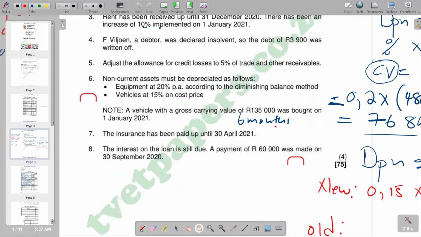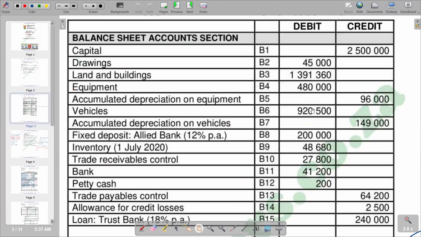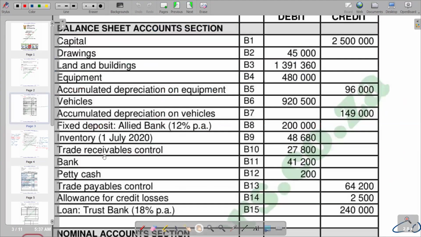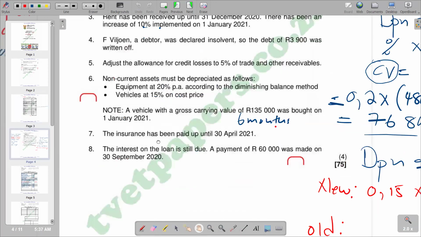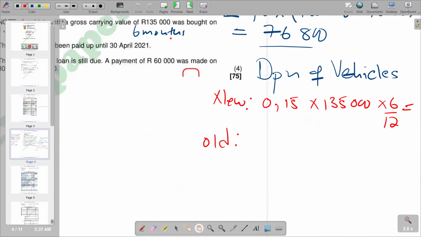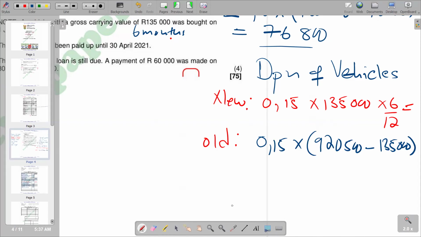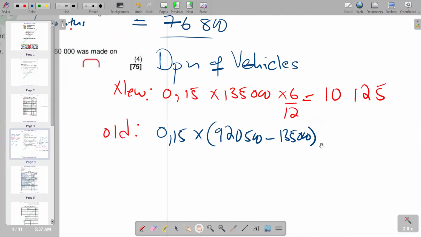So we have to remove it from 920,500 to get vehicles that stayed for the whole year in the business. So we are going to say 0.15 times 920,500, and then you subtract 135,000. Then the answer that you get represents 12 months because it's on an annual basis. The vehicles that we get there were there for the whole year.